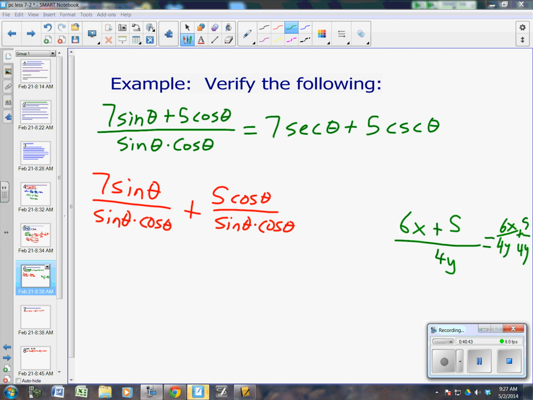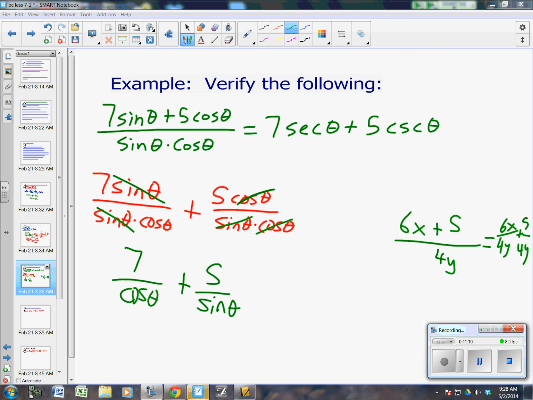Okay, that cancels out, right? So it leaves me with 7 over cosine. Oh, whoops, I canceled the sine. Sorry, the cosines cancel out. I still have a sine, so it's 5 over sine.